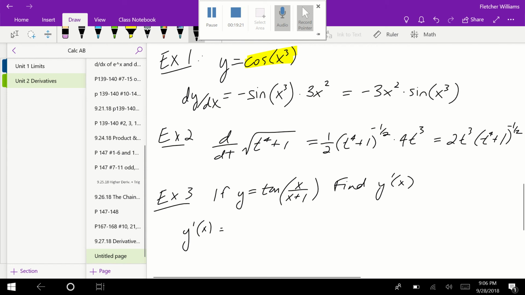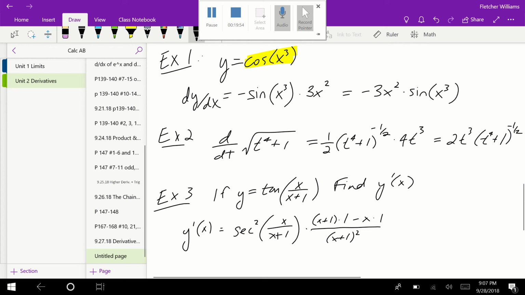Okay, so the outside function is tangent, so the derivative of tangent is secant squared. Inside stays the same, times the derivative of the inside. Here it's a quotient, so you have to use the quotient rule. So it'll be low d high minus high d low over low squared.